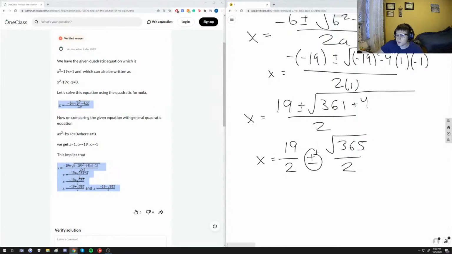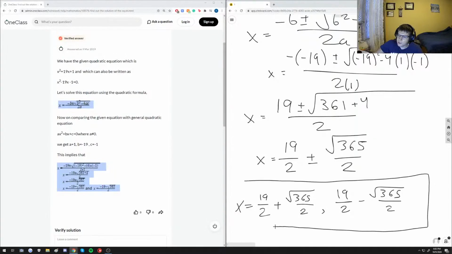And because we're dealing with this plus or minus here, we can write this as 2 separate roots. So our first root being 19 over 2 plus root 365 over 2, and our second root being 19 over 2 minus root 365 over 2. And these are our 2 roots right here.